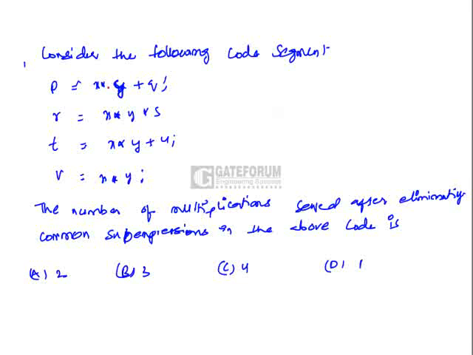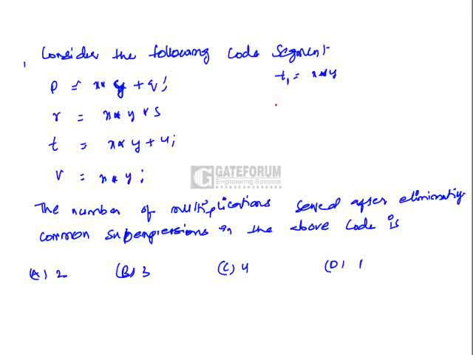So if we observe the given code, there is x star y in each and every statement. So let us write this x star y as t1.